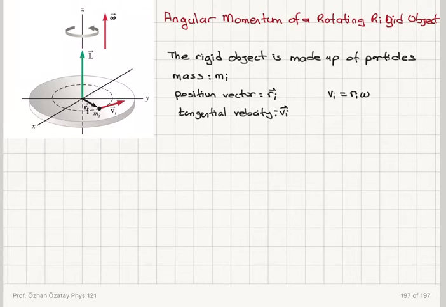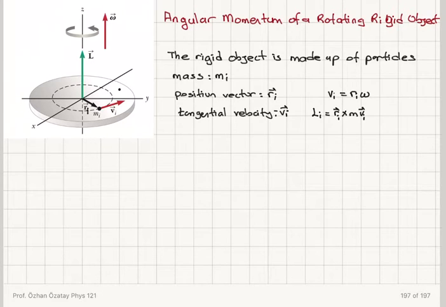Now we know that for circular motion, v sub i is equal to r sub i times the angular speed omega. This angular speed omega will be the same for all particles that make up this object. So if I pick another particle here, it would have the same angular speed.